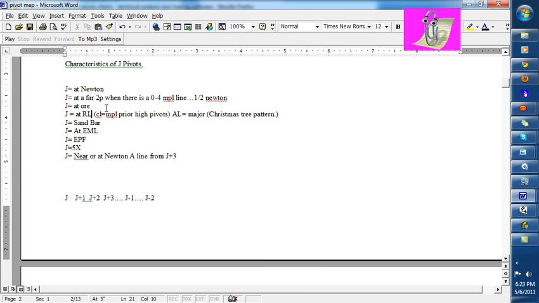Now remember that at the Newton, sometimes the Newton is one of those quick 5-bar moves, one of those quickie moves, and so it's real normal for prices to go from a J pivot that might be a Newton to another one, and that not be a P1, but actually wind up being a Newton.